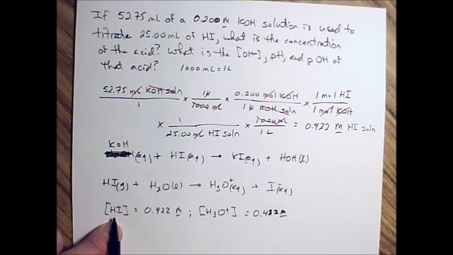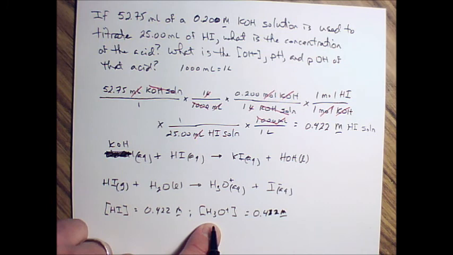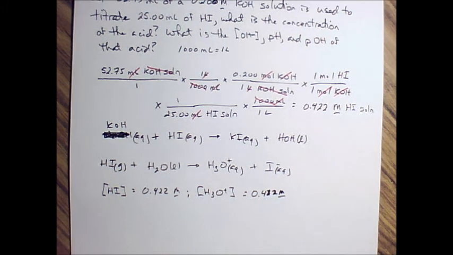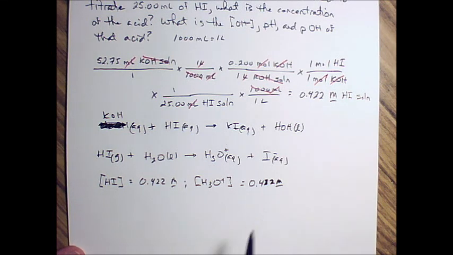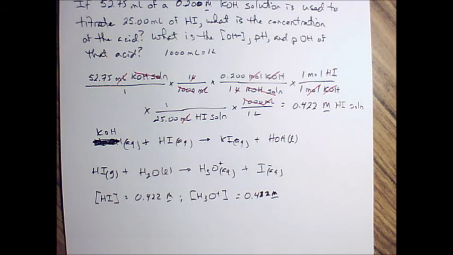But this is a monoprotic strong acid. Technically the second hydrogen is really hard to get off, but it could happen. That's kind of beyond the scope of where we are. So that's the molar concentration of that original acid.